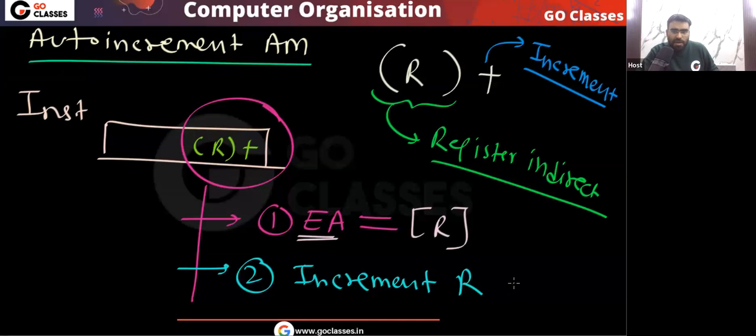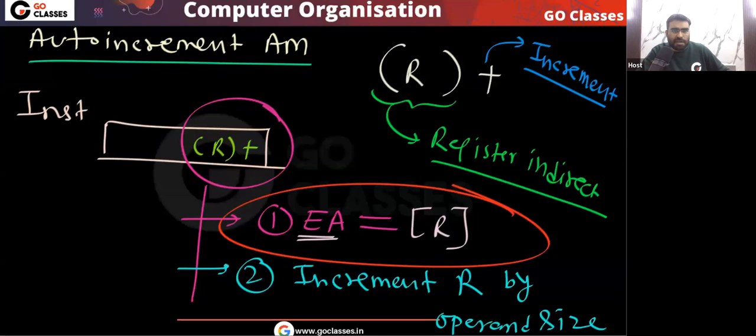Plus 1, plus 2, plus how many? Increment R by operand size. If operand size is 1 byte, then +1. If operand size is 2 bytes, then +2. If operand size is 8 bytes, +8. So that's it. Is this clear?